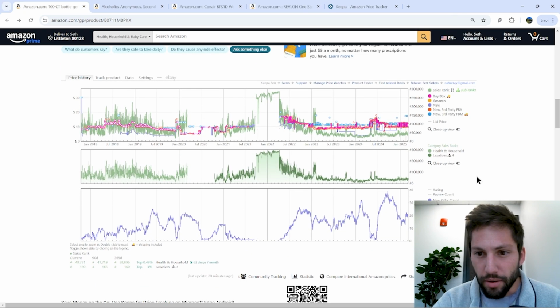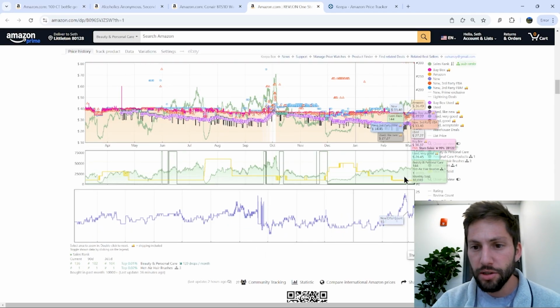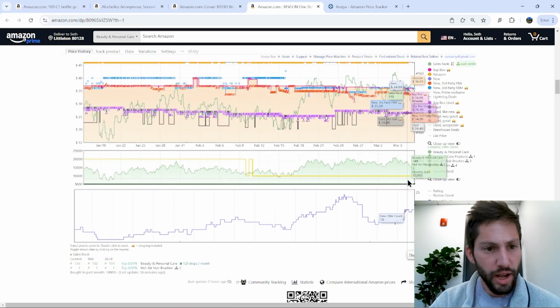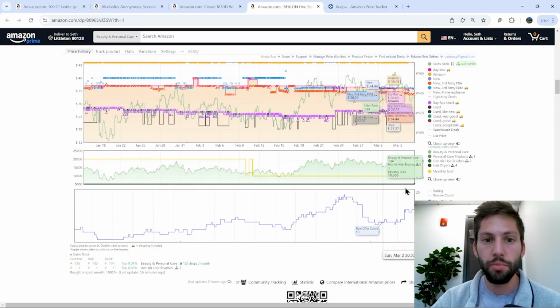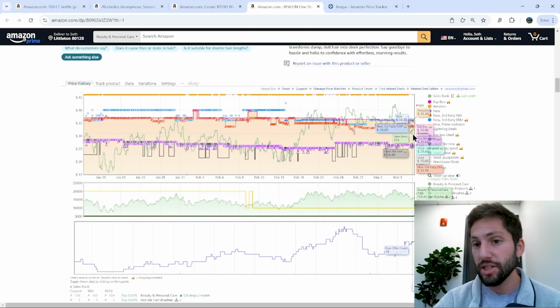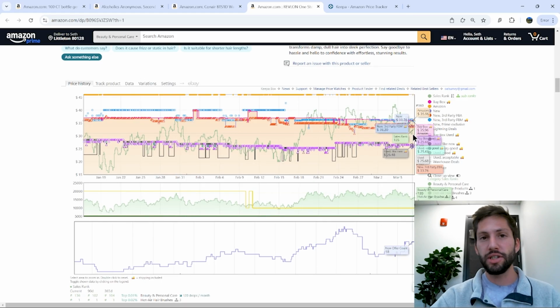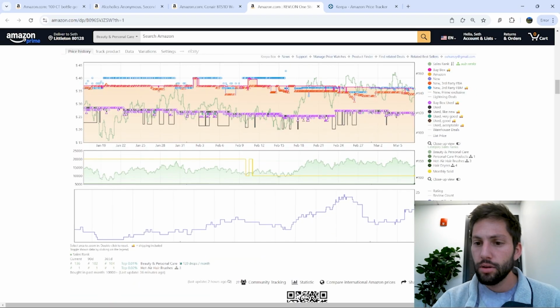It should have been on this one. Sometimes it doesn't show up. But on this one, for example, this is saying 10,000 sold per month or 20,000 sold per month. So this is an extremely fast-selling item. As the sales rank gets closer and closer to 0, it's going to just get exponentially faster and faster, assuming it's a main category and not a subcategory.